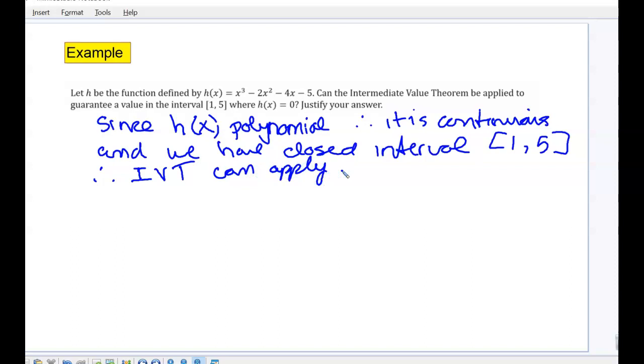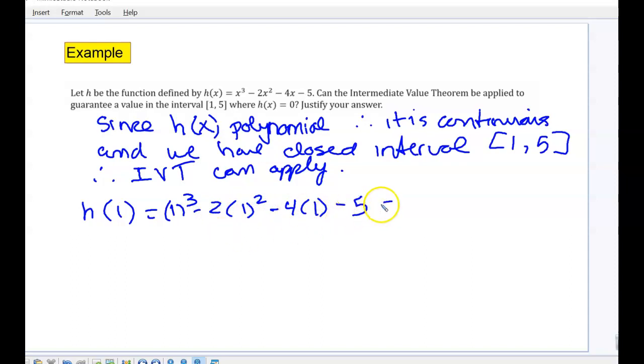The first thing I'm going to do is evaluate my function at the left endpoint, which is going to be 1 cubed minus 2 times 1 squared minus 4 times 1 minus 5. And if we work this out, this ends up being 1 minus 2 minus 4 minus 5, which works out to be minus 10.